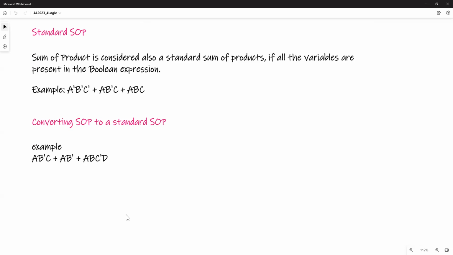Now, for example, look at the second term, right? We have only two, let's say C is missing. How do you add C?